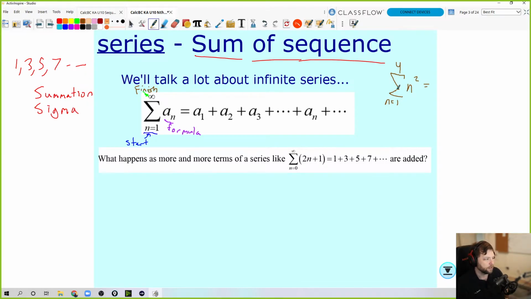Typically, instead of using x for these series, we use n's, but it could be an x or something else. So this means I start at 1 and go to 4. It'll be 1 squared plus 2 squared plus 3 squared plus 4 squared. So it's 1 plus 4 plus 9 plus 16, which would equal 30. Yep, 30. That's the idea with sigma notation.